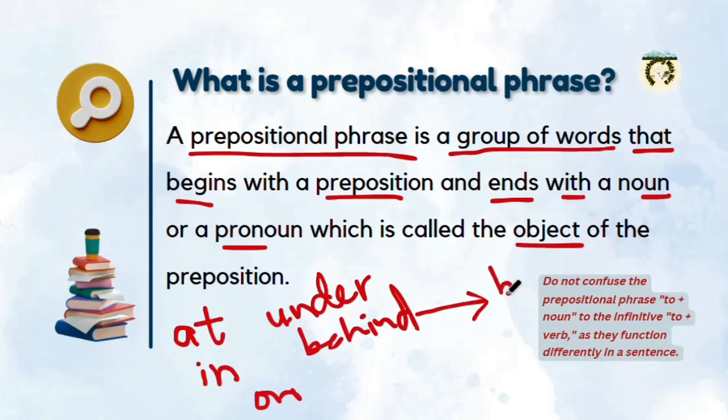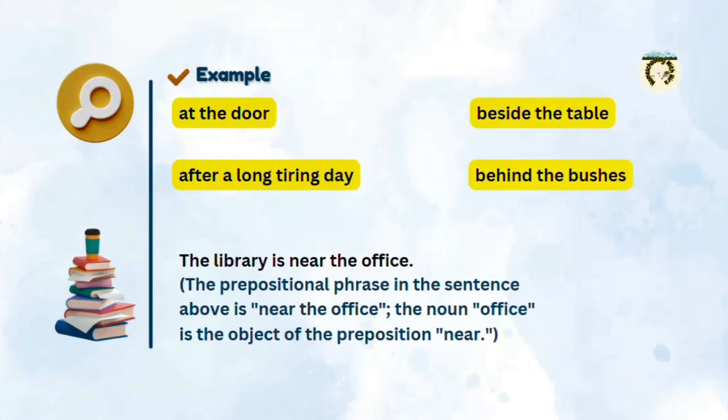For example, behind the bushes. So this is our prepositional phrase, beginning with a preposition, ending at a noun or pronoun. I can also say behind her. So her is a pronoun. Got it? Let's see some examples to understand it well.